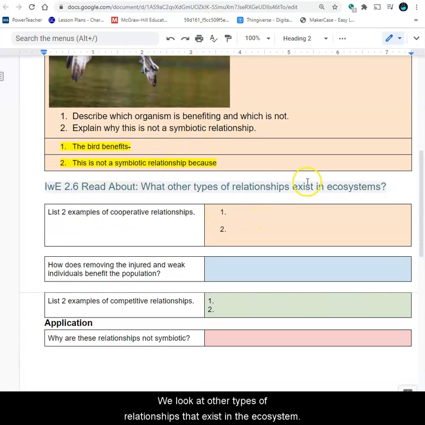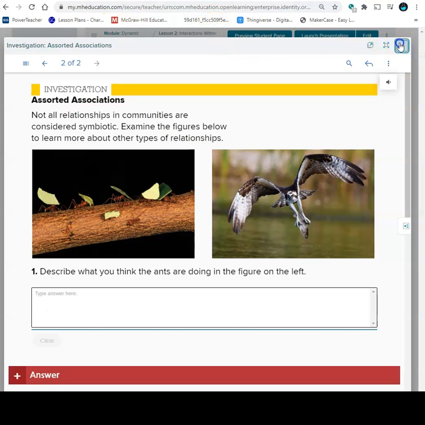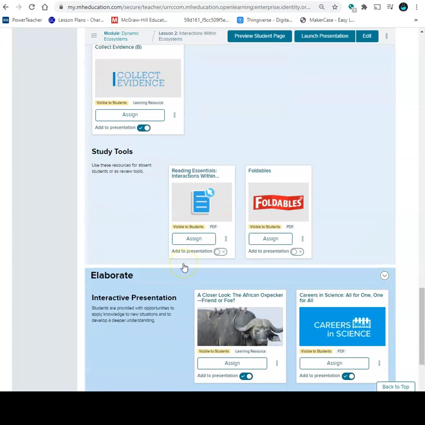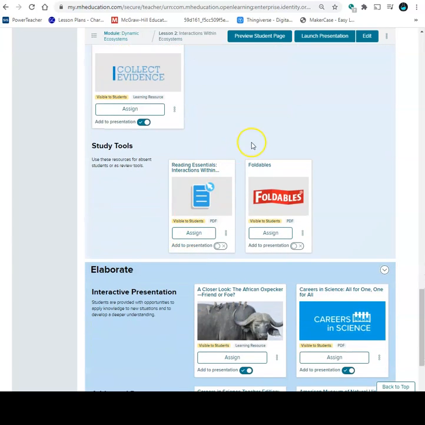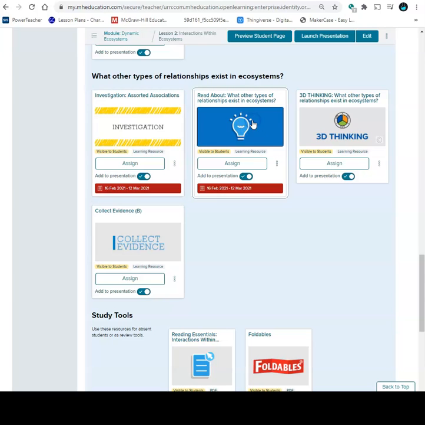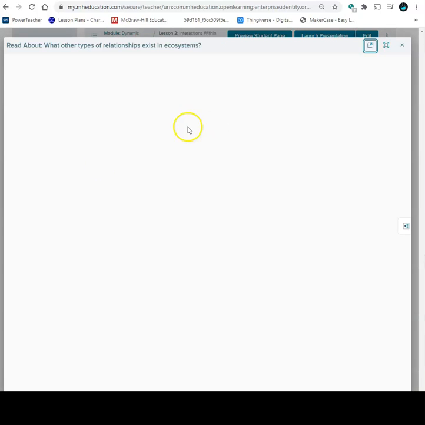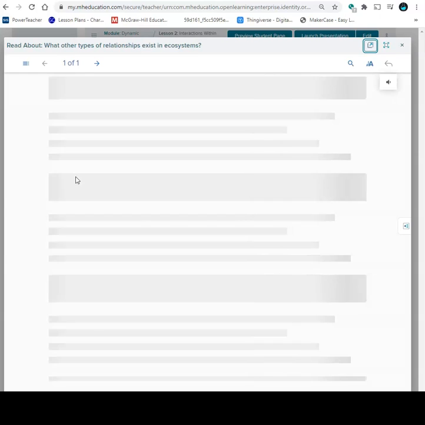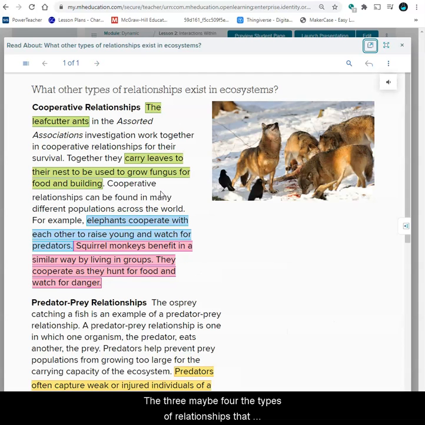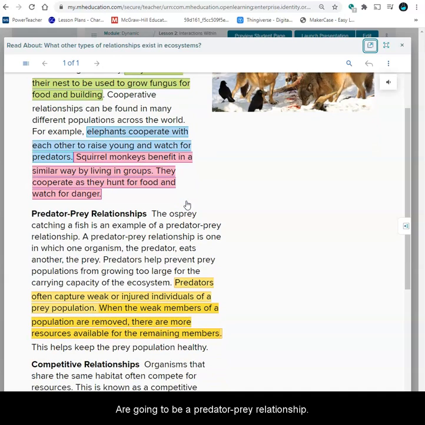So we look at other types of relationships that exist in the ecosystem. The three, maybe four other types of relationships that exist in the ecosystem are going to be a predator-prey relationship.